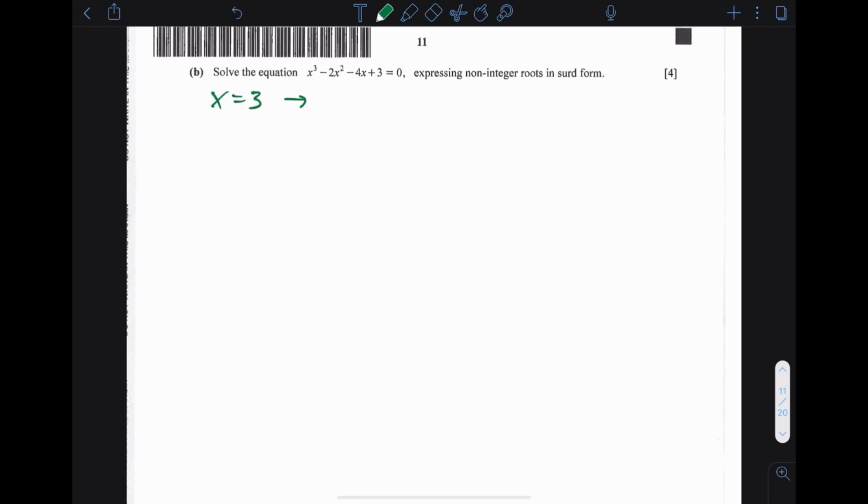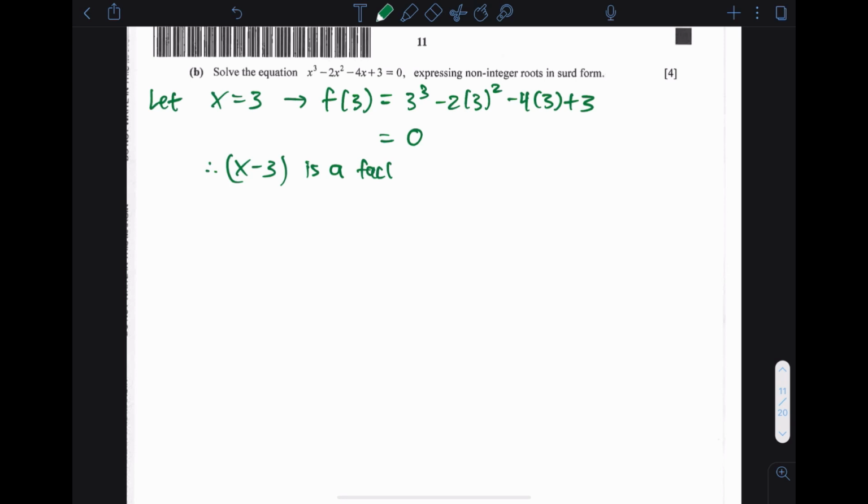Tell them that you are letting x equals 3, then you get 3 to the power of 3 minus 2 times this and everything else, which will work out to be 0. Tell them that the bracket x minus 3 is a factor of the equation, by factor theorem.